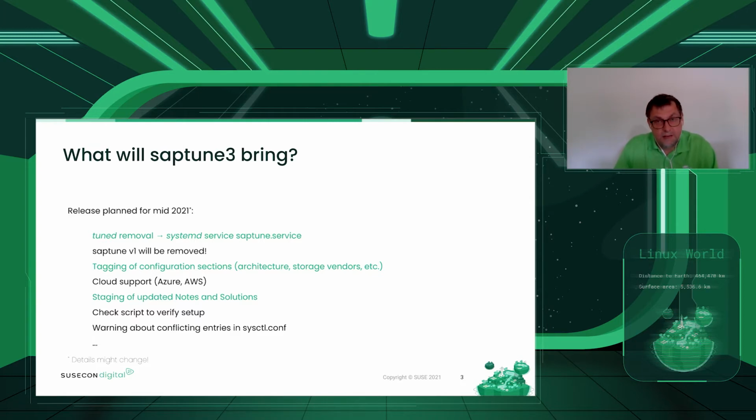The second big complaint is that Saptune sometimes does not tune correctly. When we looked closer into the matter, we saw that in almost all cases we have conflicting entries in sysctl.conf.